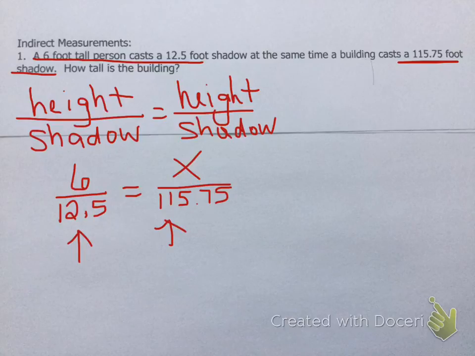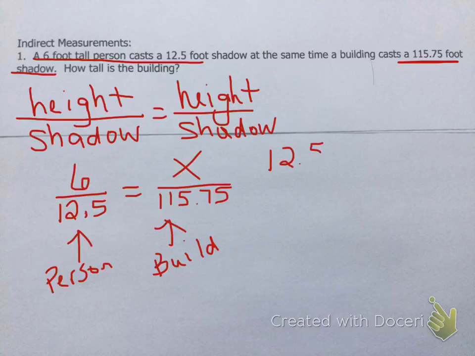Okay, now there's your proportion. Let's solve that. I didn't label this. This is all about the person, and this is all about the building. Just kind of helps you understand where I got that information. Cross products property, 12.5 times x is 12.5x. 115.75 times 6 gives you 694.5.